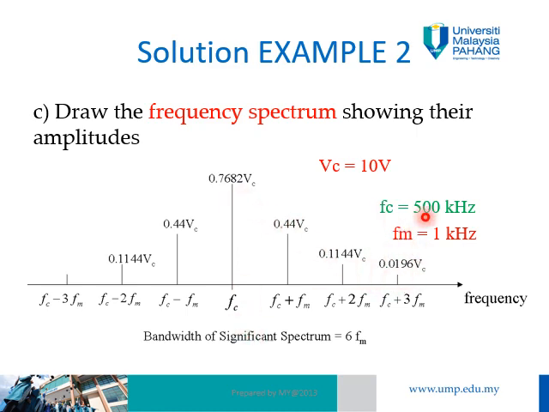So fc is 500 kilohertz, and you have here 501, 502, 503, and this one is 499, 498, and 497 kilohertz. The unit is kilohertz. So the bandwidth of the significant spectrum is 6 fm, which is 6 multiplied by 1 kilohertz, 6 kilohertz.